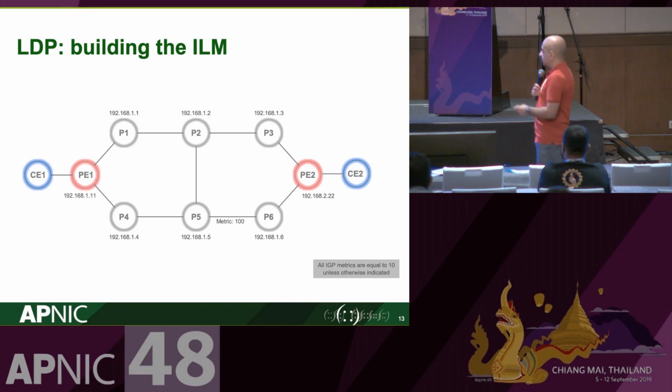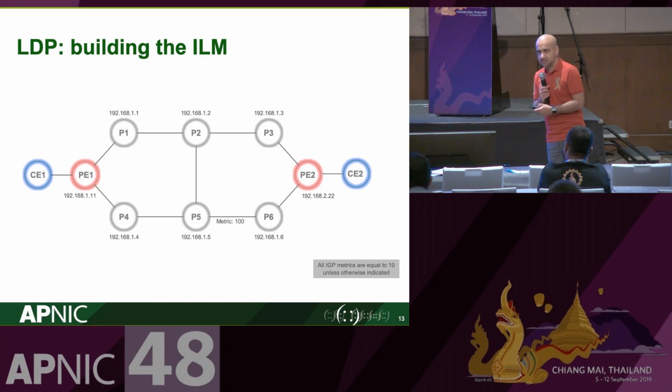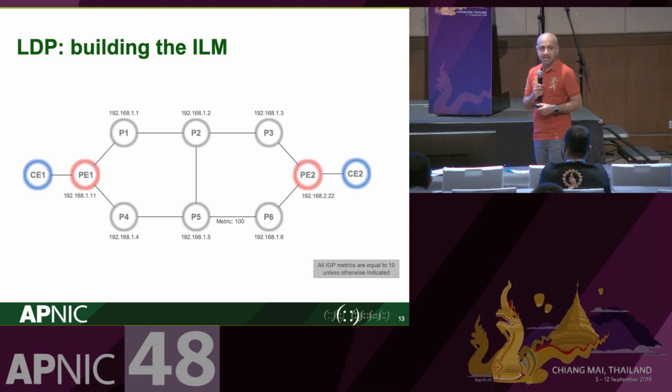So a network with 6 P routers or LSRs, 2 provider edges. We've got 2 CEs. CEs are just customer edge devices. The customer edge device does not belong to the service provider. It belongs to a customer of the service provider. This domain is the customer's domain. You can see their loopbacks. They all have a loopback address in the 192.168.1 range.